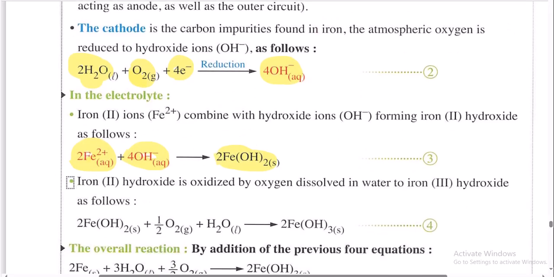Ferrous hydroxide, or iron(II) hydroxide, is oxidized easily, as we know that iron positive 3 is more stable than iron positive 2. Ferric is more stable than ferrous, as we have studied in the properties of iron in the first chapter. Okay, then 2 ferrous hydroxide takes 1 atom of oxygen in the form of gas plus 1 molecule of water to form 2 ferric hydroxide.